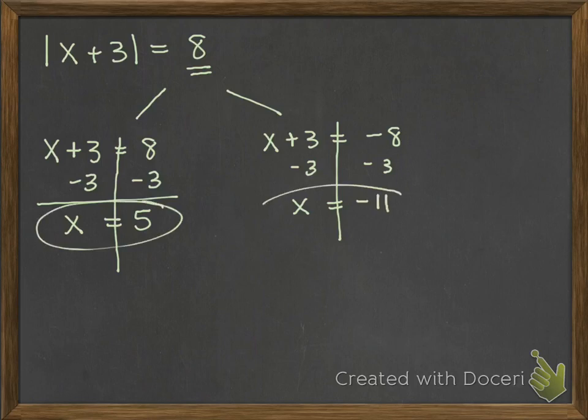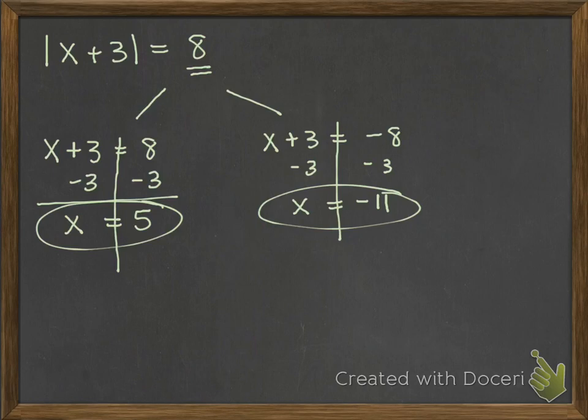So those are my two answers to this problem: x equals 5 and x equals negative 11. It is really important that we separate out the two different answers, because we have the positive and the negative side of the number line. We are going to get two different solutions for these absolute value problems.